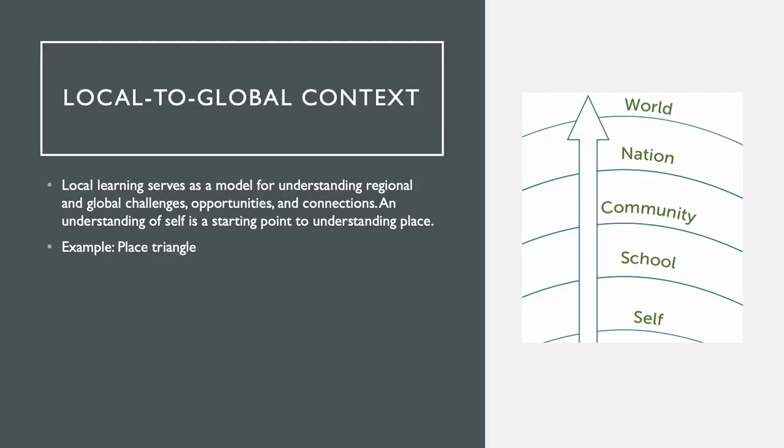So the first principle is local to global context, and within this, local learning serves as a model for understanding regional and global challenges, opportunities, and connections. Starting with the self to gain understanding, we can start with what the students connect to, and then what the school can provide, the community, and the nation and world. With the idea of scaling, we don't want to scale up too quickly.